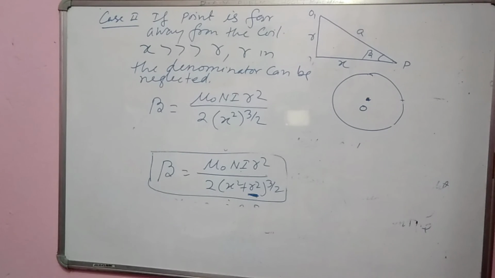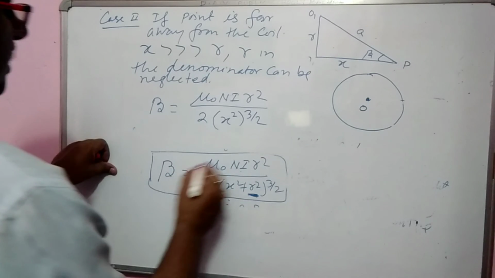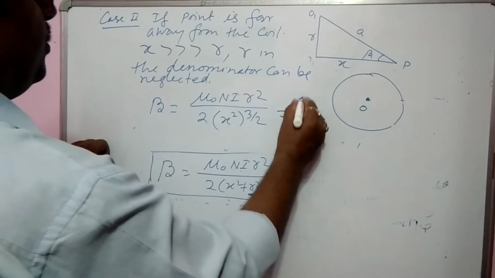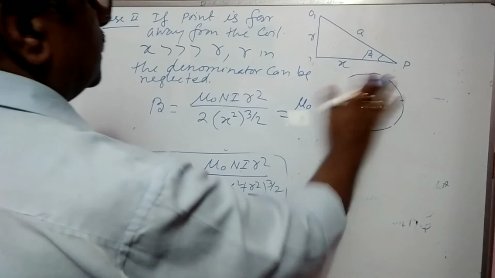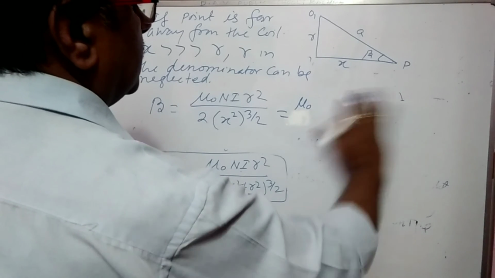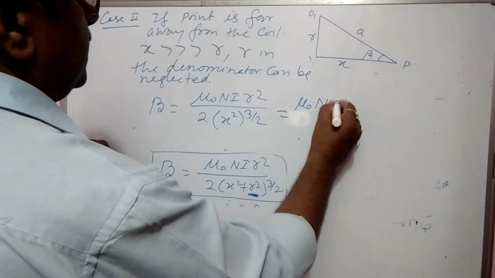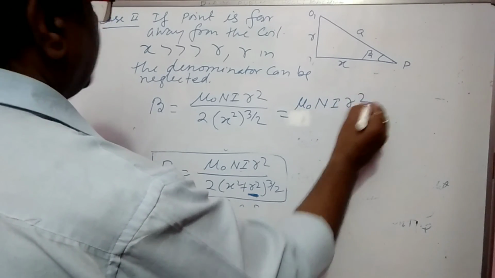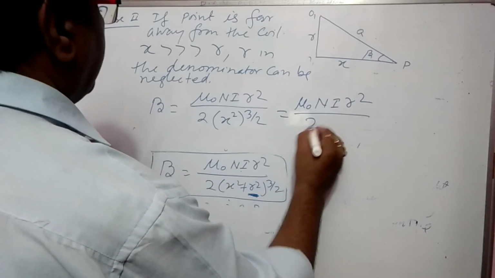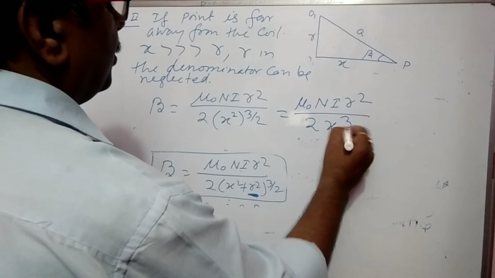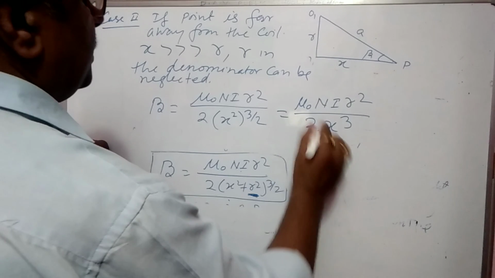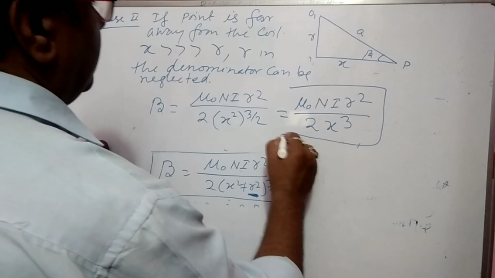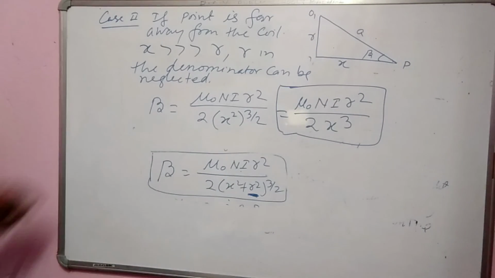So it will become mu naught n I r square divided by 2x cube. This will be the magnetic field intensity in this case.